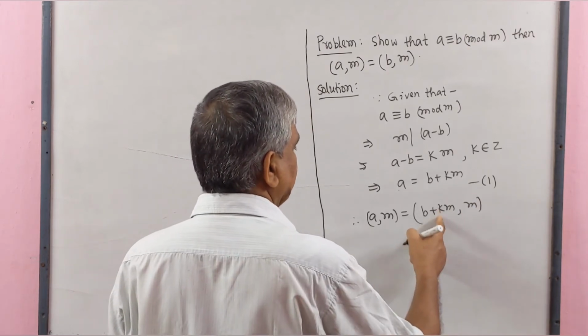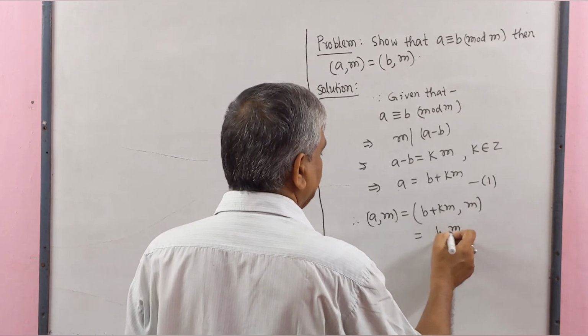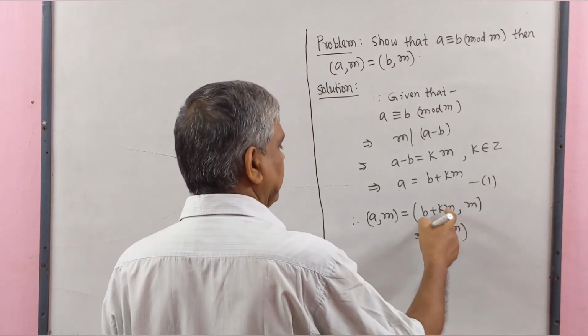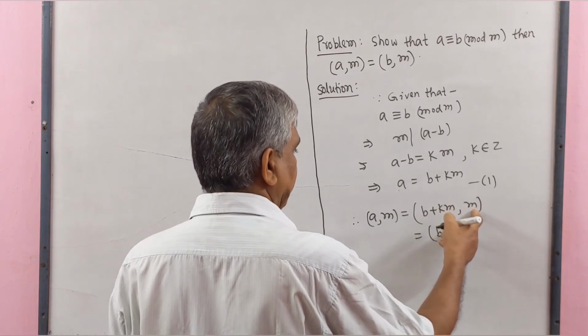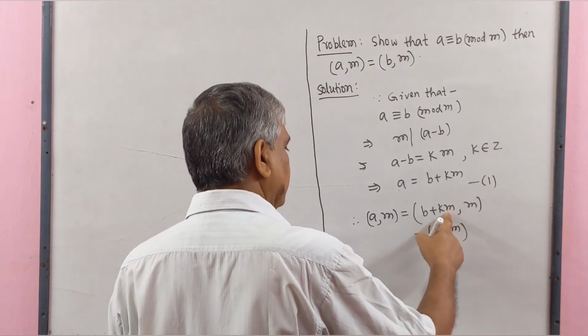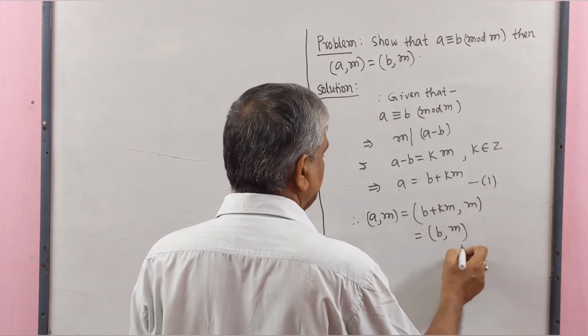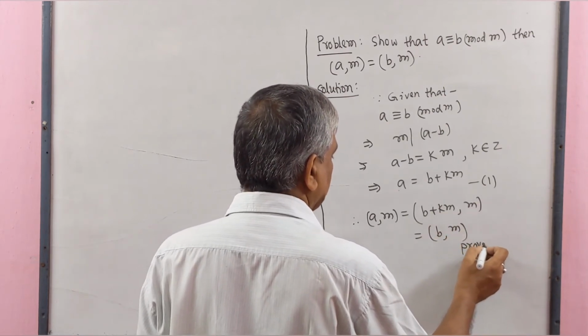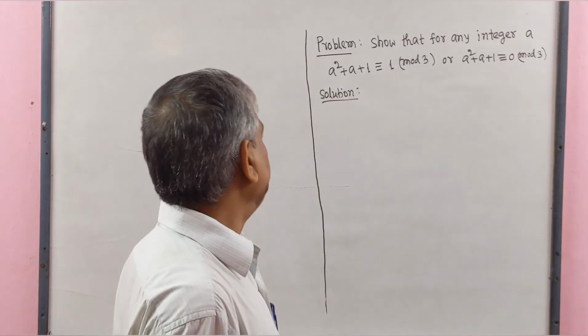And we know that this equals the GCD of b and m, since here we have k multiplied by some integer m. Then we know this equals the GCD of b and m. Proved. Now we solve the next problem.